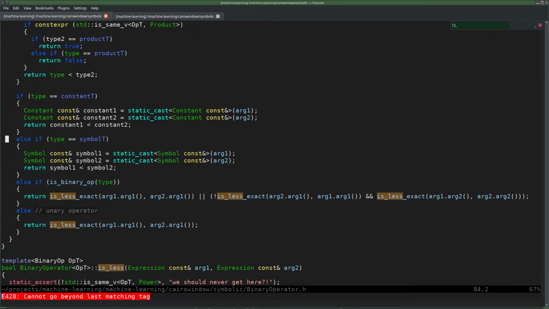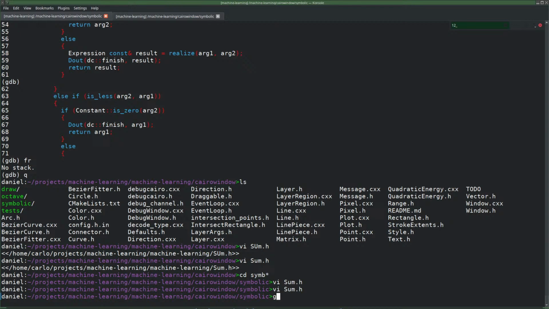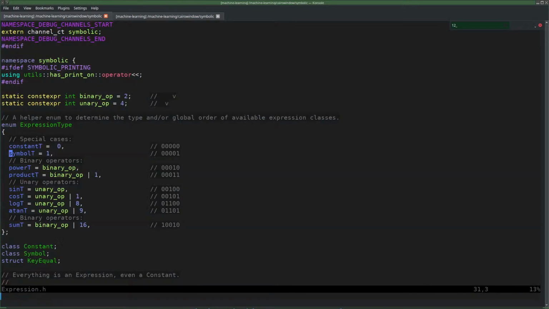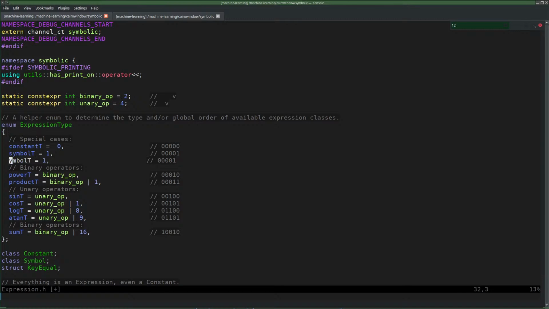I suppose I need to make a function type, so we can fix this here. Oh, it's hardly used anywhere. Let's just add it. Function type.